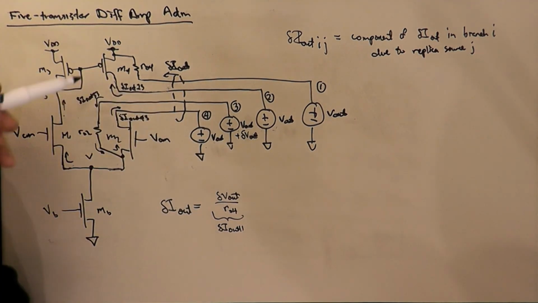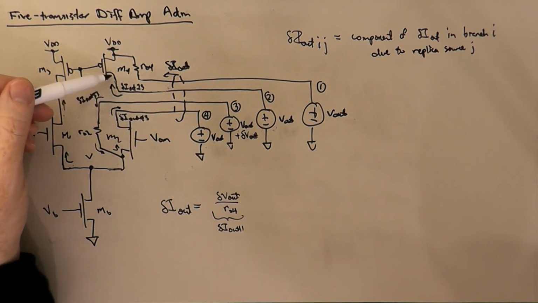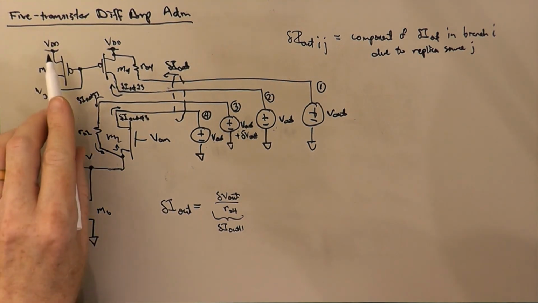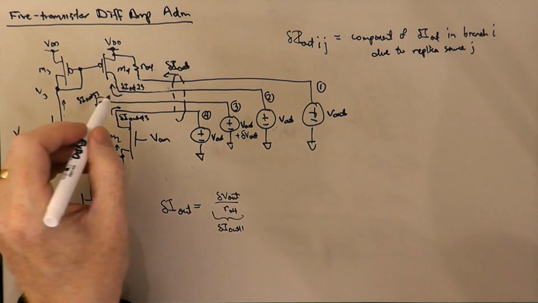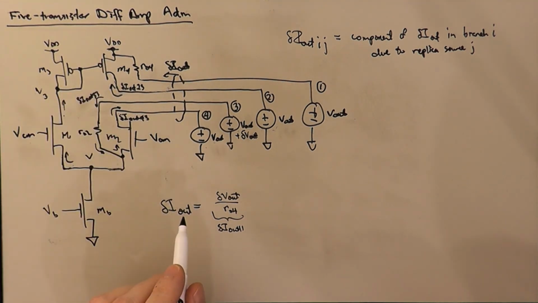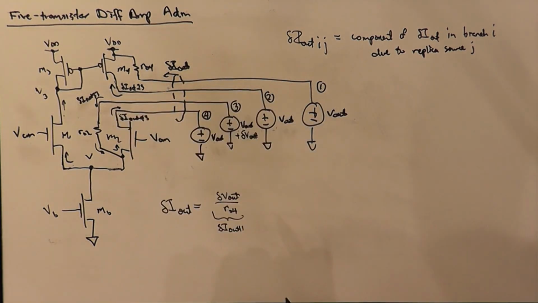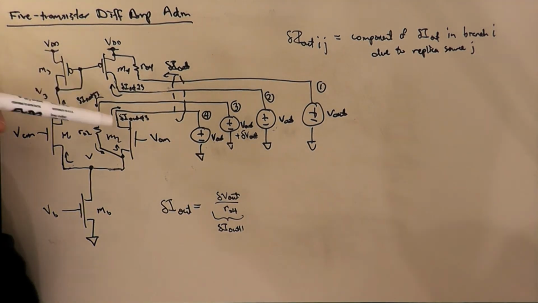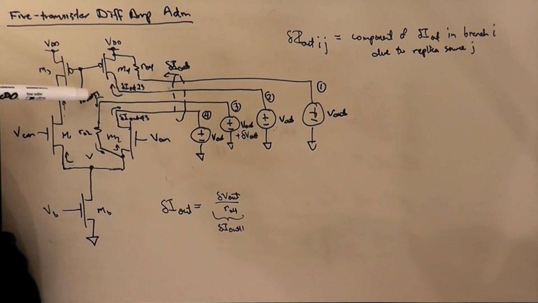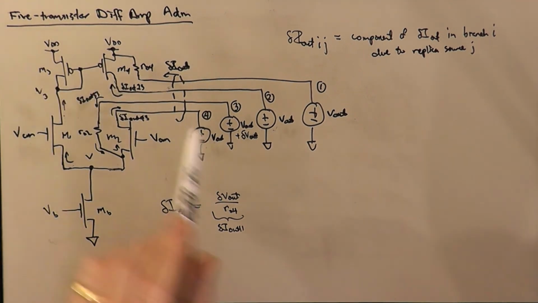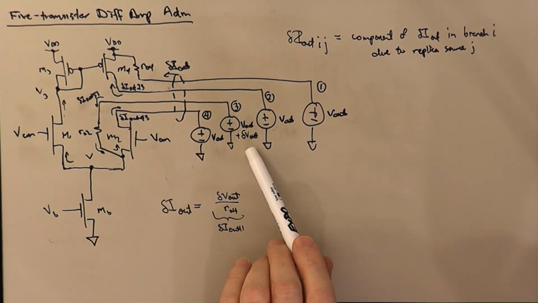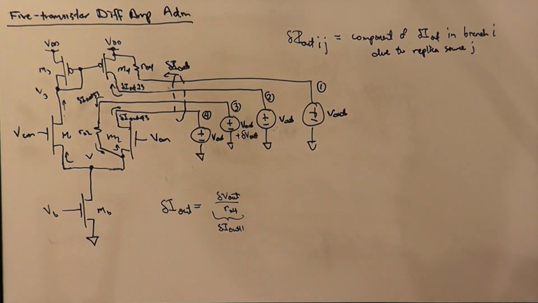And notice that that's flowing in. So this current's coming up this way, and the mirror is going to make the current flow in M4 in the same direction. And so that's going to be positive current with respect to the delta I out sign convention. Okay? So we have here 3 components of delta I out due to replica source 3. Okay? And so let's write those down.